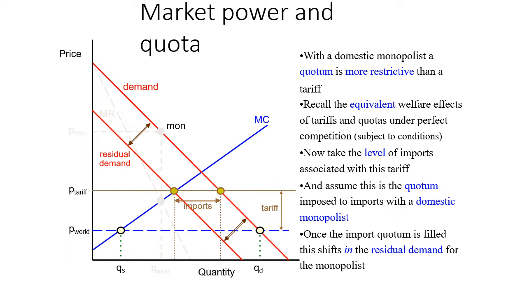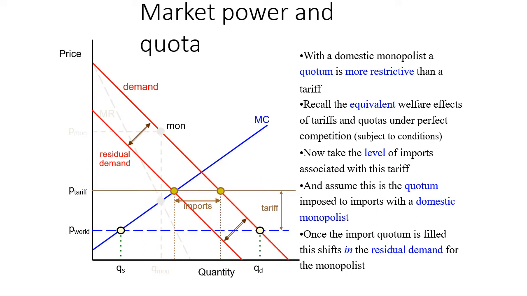It says imports. The imports that you now bring into the market based on the quota can be directly linked to a value of your tariff. So you can associate the imports directly to a tariff.